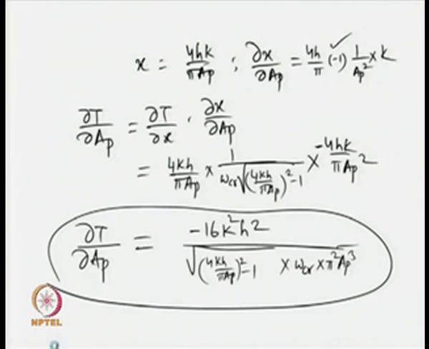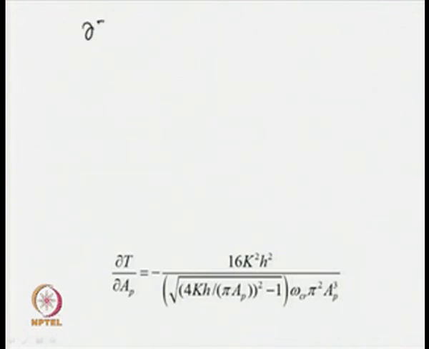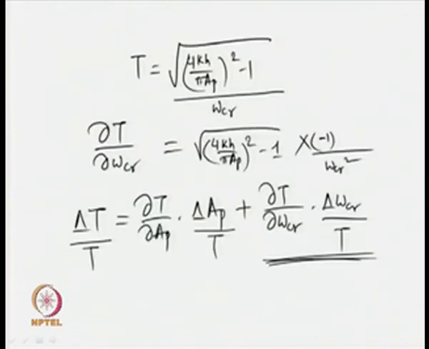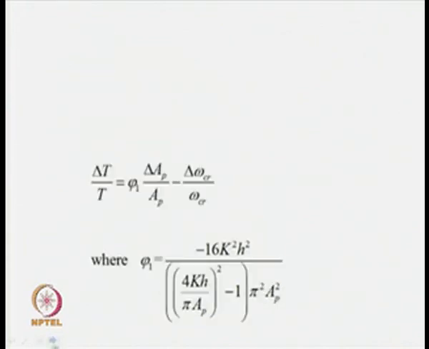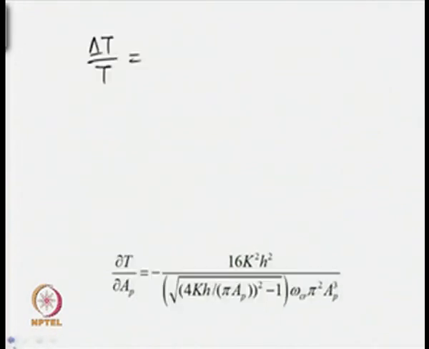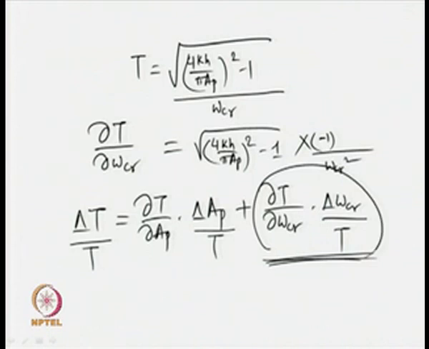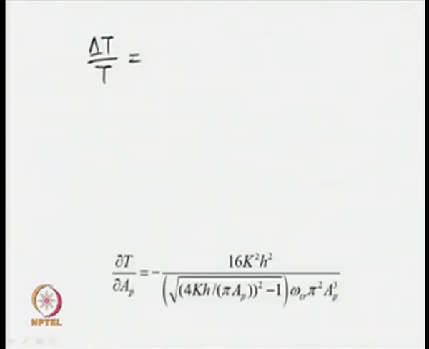So, delta t upon t will have the last term given by del t upon del omega c r times delta omega c r.